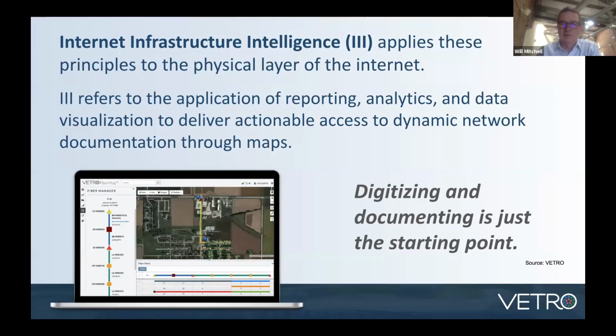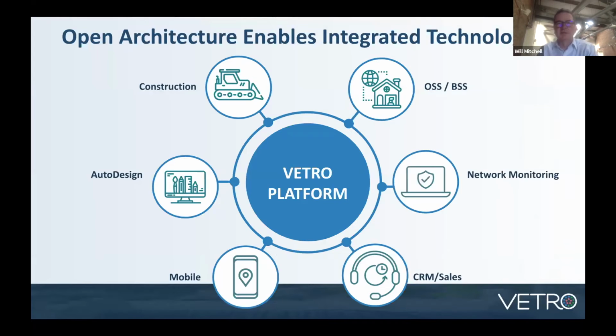We apply that business intelligence concept here when you think about reporting, analytics, and most importantly, data visualization. The map itself is highly visual, but other forms of visualization, reports, graphs, charts, and tables, deliver actionable access. So digitizing and documenting the network is just the starting point in this context, and then you can expose and leverage that information.